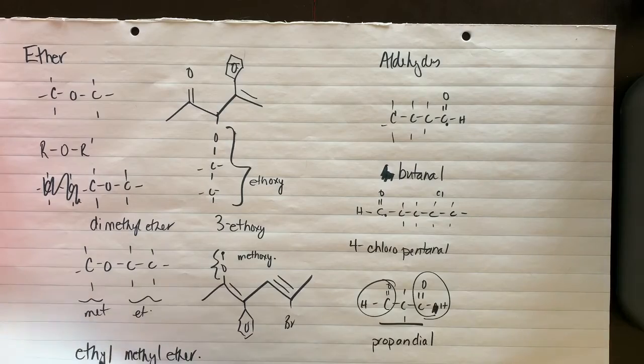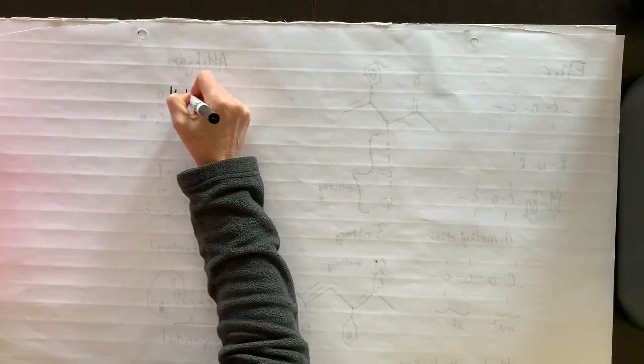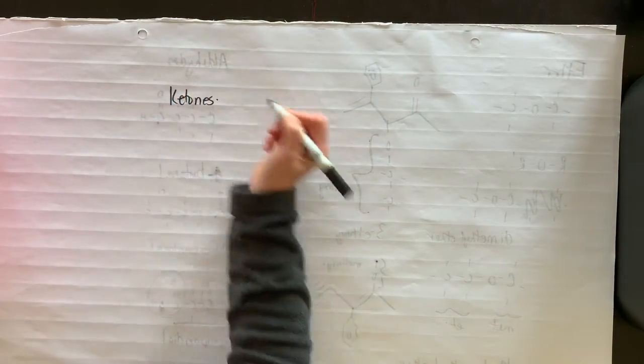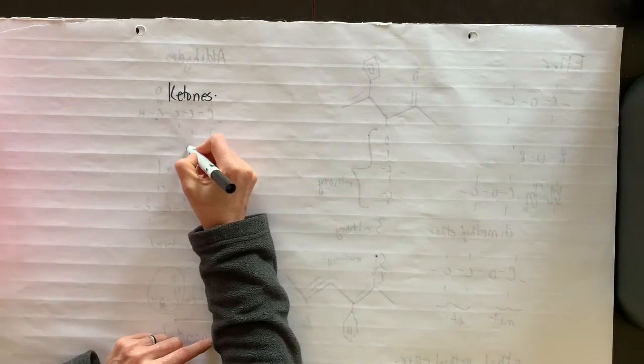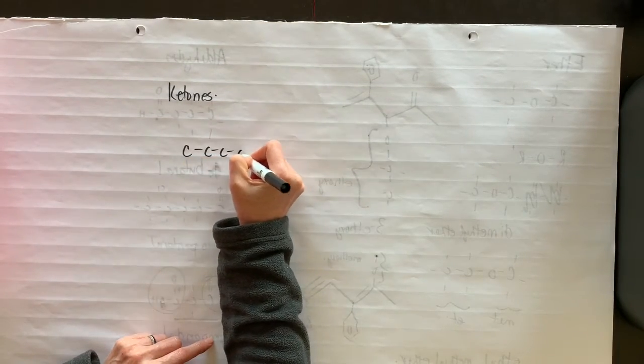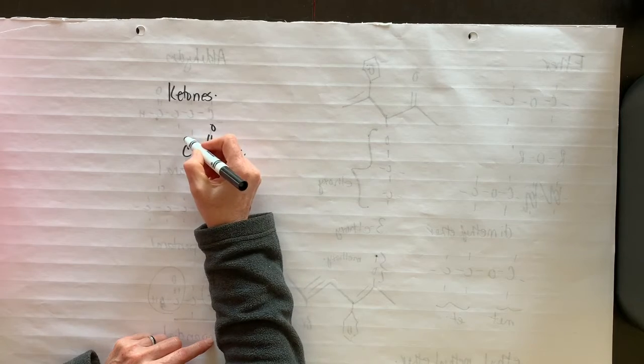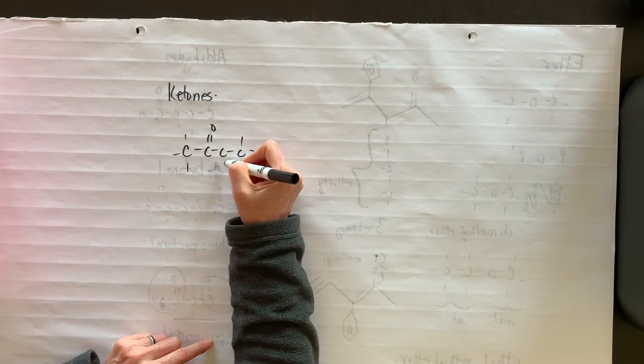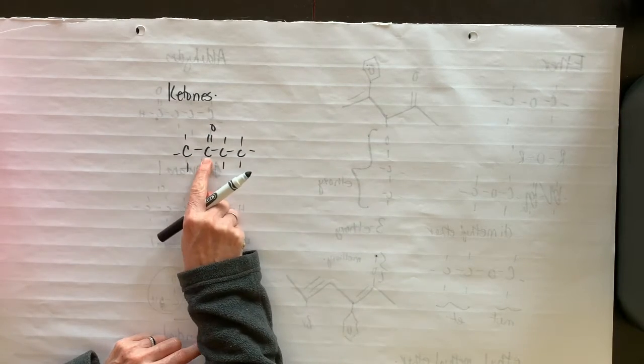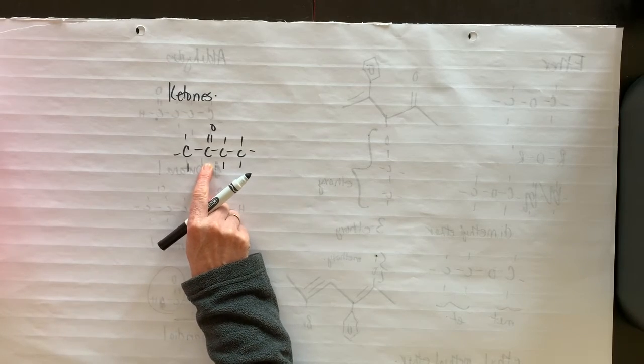And last but not least for today is ketones. And ketones, some people don't even consider them their own group of organic compounds, because a ketone is just a double bond O within the compound. So it's kind of like an aldehyde, but just not at the end. Again, be careful you don't stick in extra hydrogen there.